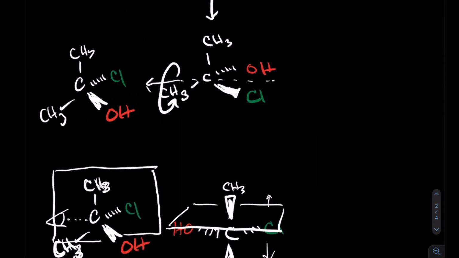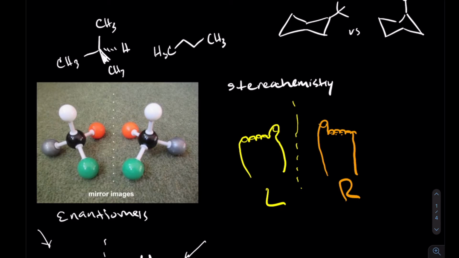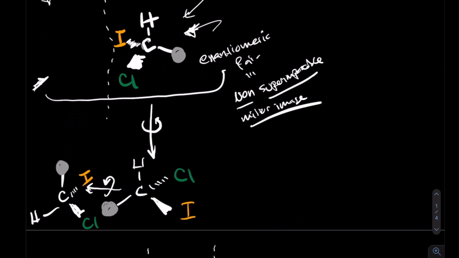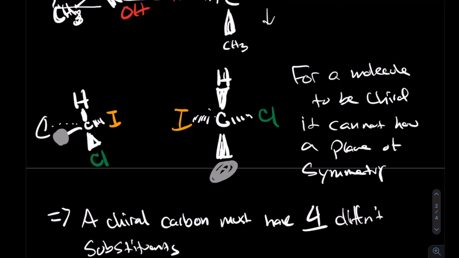Now, if these are two different molecules right here, how do we go about naming them? How do we distinguish the two? There's a method similar to IUPAC, although this one honestly is a little bit easier to figure out how to name stuff.